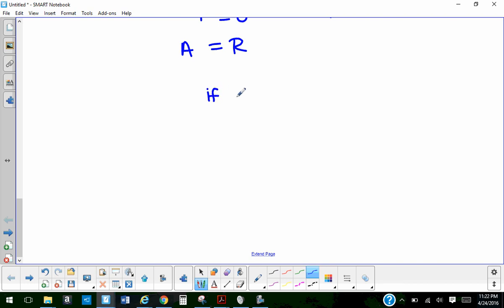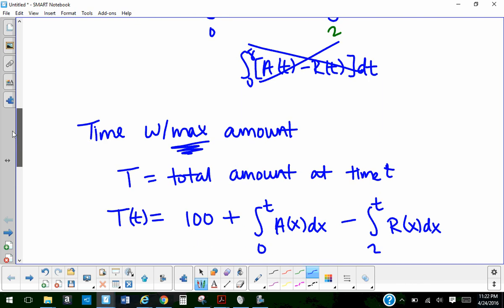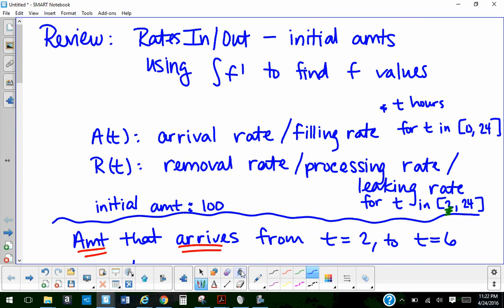So if you have bounds, then you would check t of the first bound, you would check t of any critical numbers, and you would check t of the last bound. And the highest value would be your maximum amount, and the lowest value would be your minimum amount. So that's just in general if you're working with word problems.